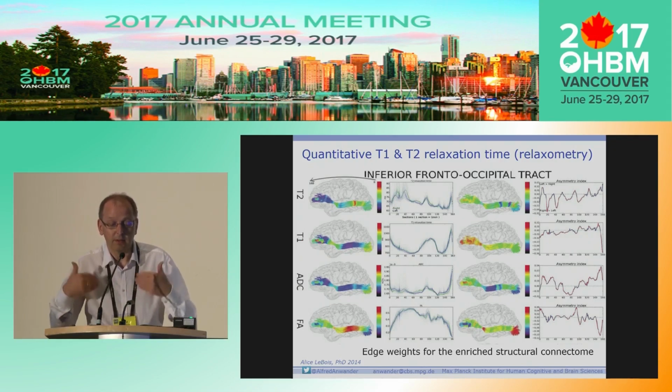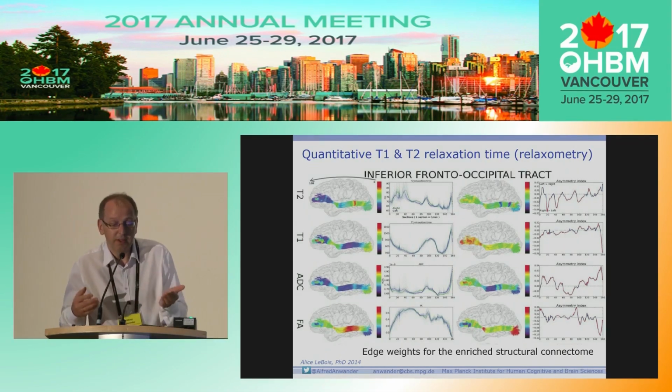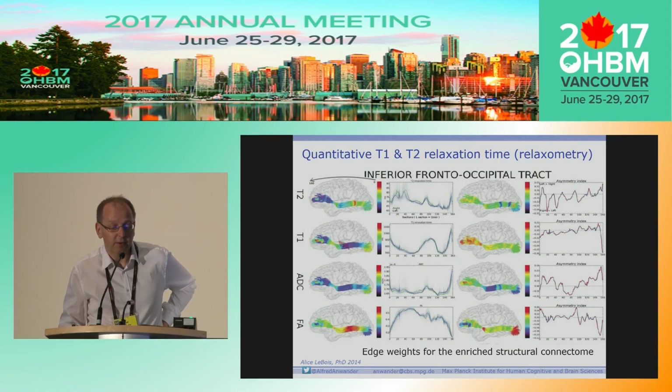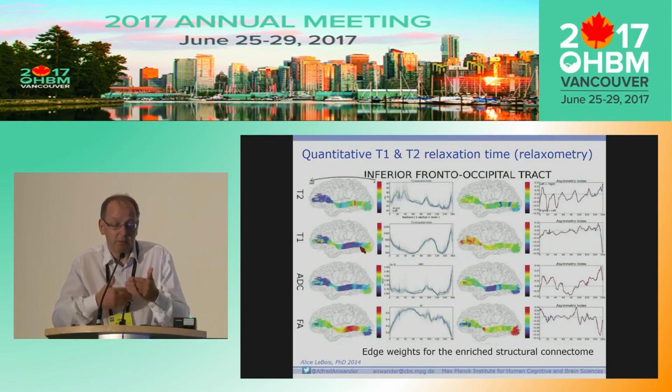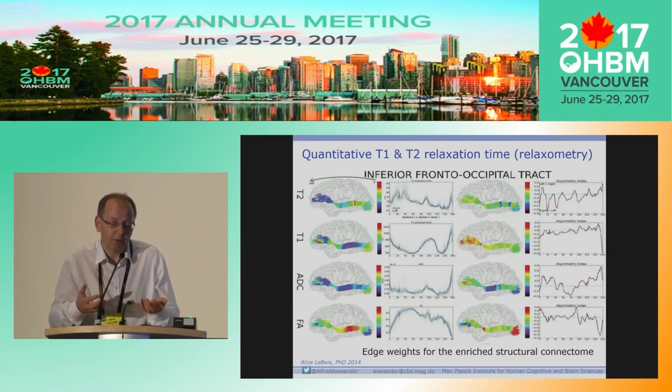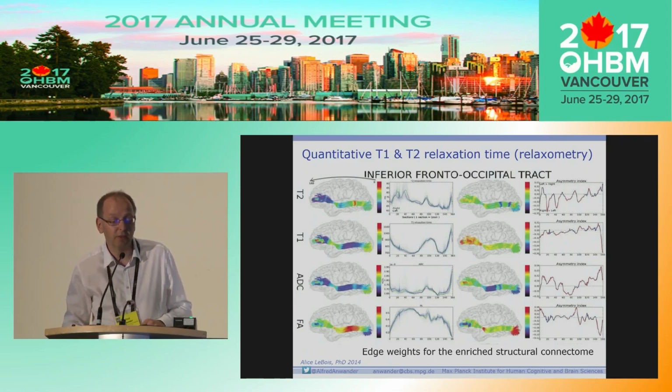And the T1 relaxation time should be linearly related to the myelination. There are other approaches like the macromolecular volume fractions, which we will hear about later. And once we have this mapping along the tract, we can do a sort of integration along the tract to get the possible information transfer time or amount of information which can be transferred along this edge.